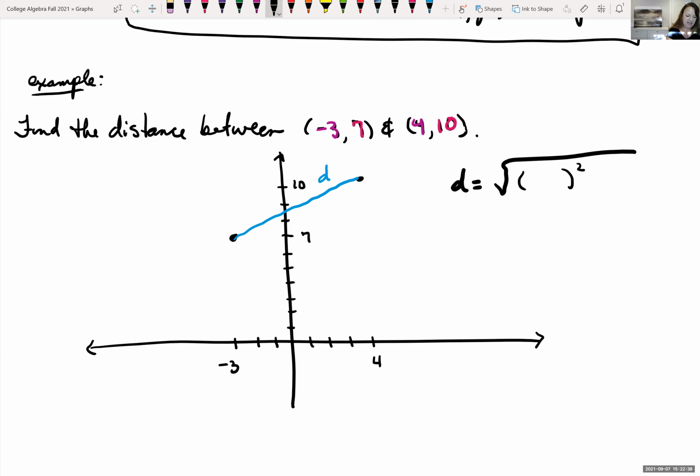So if I look at the change in my x value, this 4 minus this -3 quantity squared, plus the change in my y value, which was 10 minus 7 quantity squared.